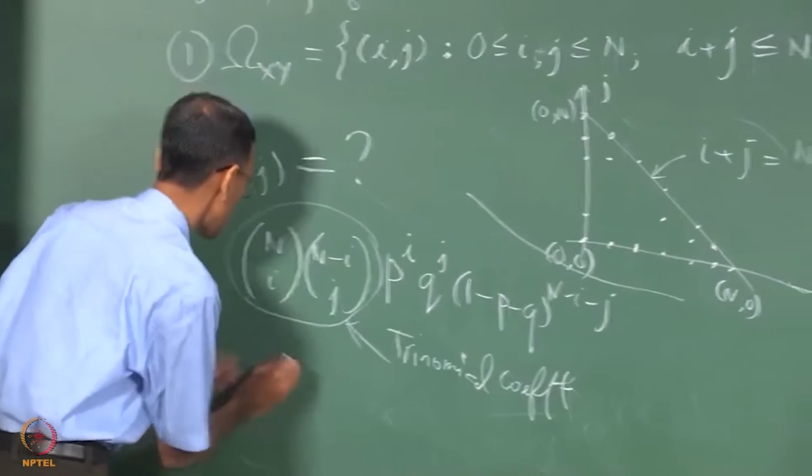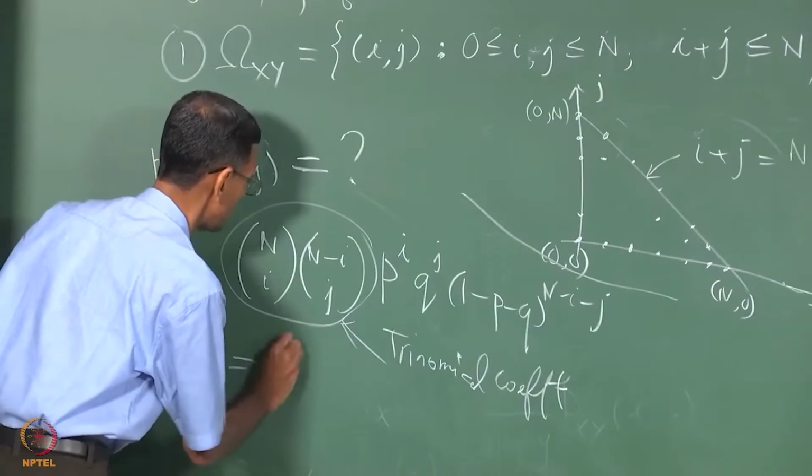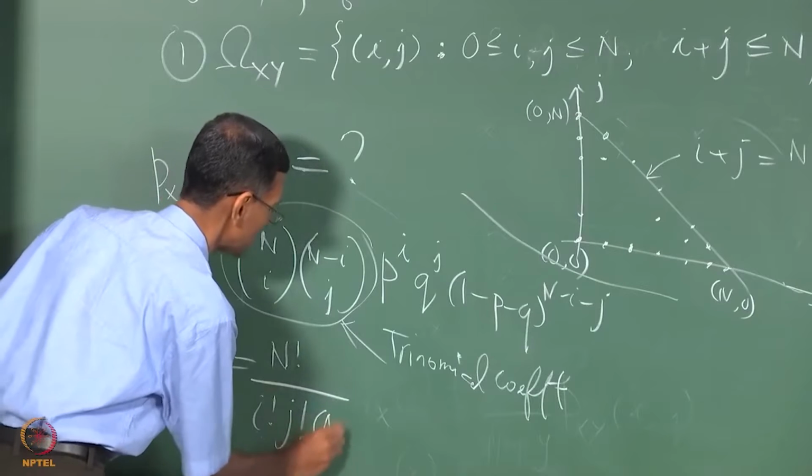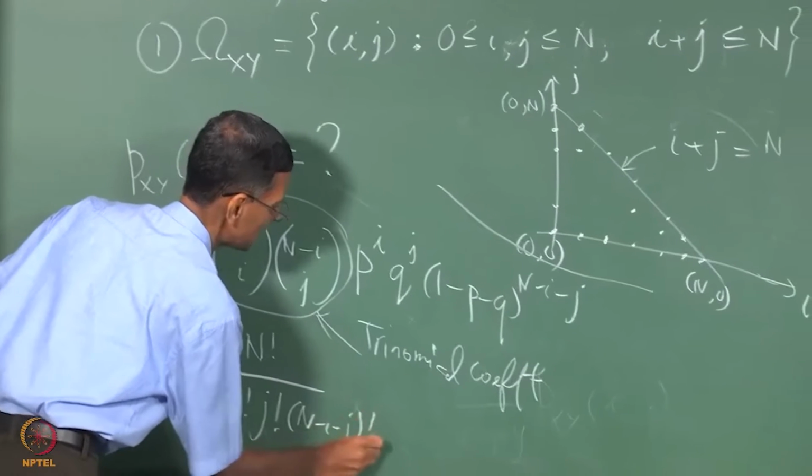So what is this trinomial coefficient? You can clearly see this will be equal to n factorial divided by i factorial, j factorial, into n minus i minus j factorial, right.